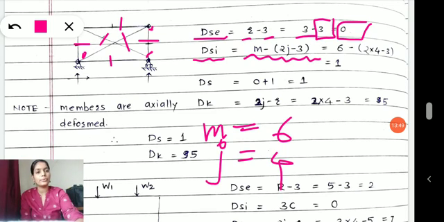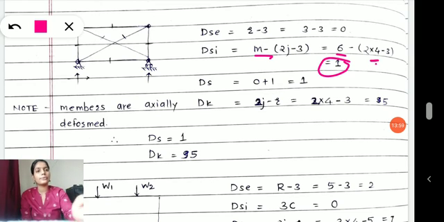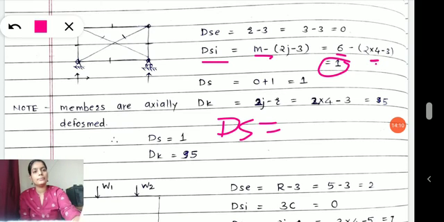So 4 joints. m will be 6, joints will be 4, and if you solve, you will get DSI equals 1. Now let's go for the DS calculation. DS will be DSI plus DSE. So 0 plus 1 gives DS equals 1.